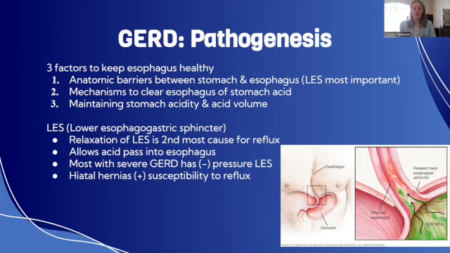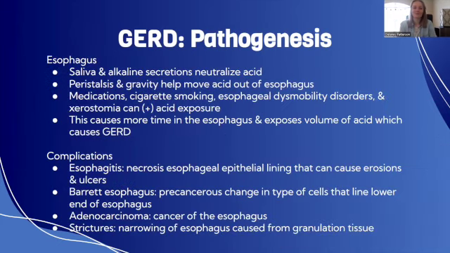An anatomic barrier that is commonly disrupted in GERD is the LES. This is the second most common cause for reflux. And most people with severe GERD will have a decreased pressure of the LES. As you can see in the bottom right corner is a picture of that sphincter that's relaxed and has decreased pressure. Also, hiatal hernias will have an increase of susceptibility to reflux.